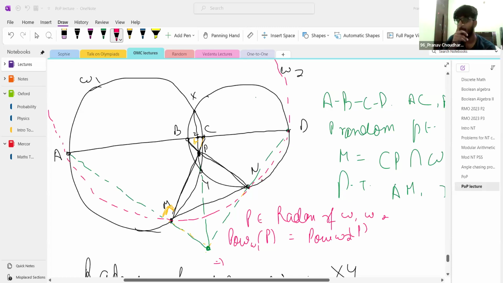There are other ways to write power as well, right? Think about that. What is the other way that you can write power of P? There's a reason I motivated all that rather than just giving the formula, because the formula is not that significant usually.